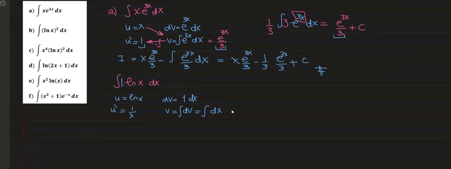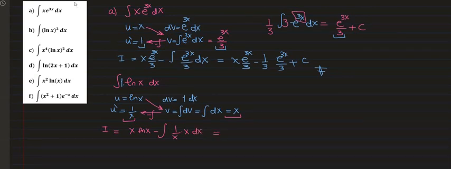The integration and the d goes, and we are left with x, or simply you can say 1 is the derivative of x. And then we rewrite that with u times v minus the integration v du. So the integration is x times ln x minus the integration of the product of these two terms, which is 1 over x times x dx.